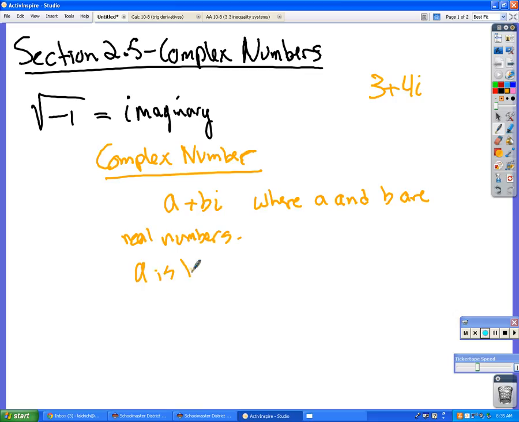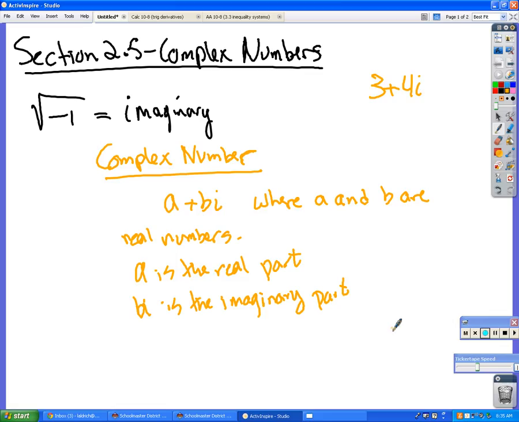a is the real part, and bi is the imaginary part. Okay? So it is one number. Courtney, how many numbers is that?